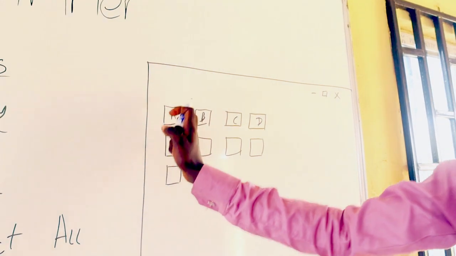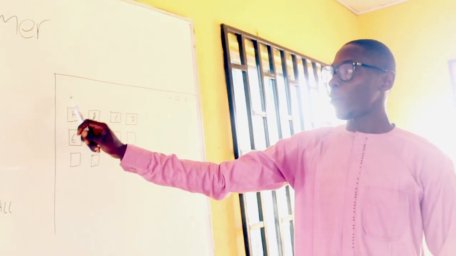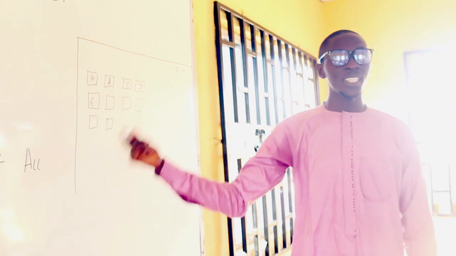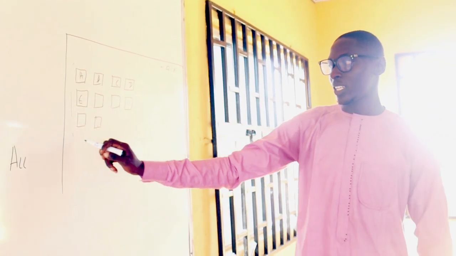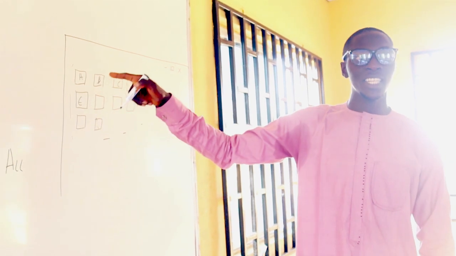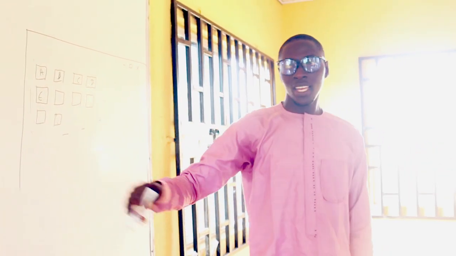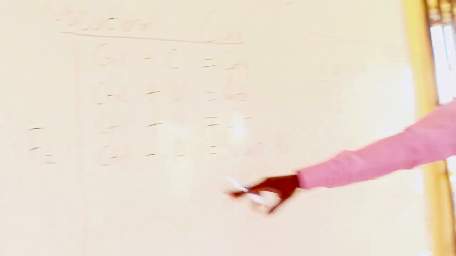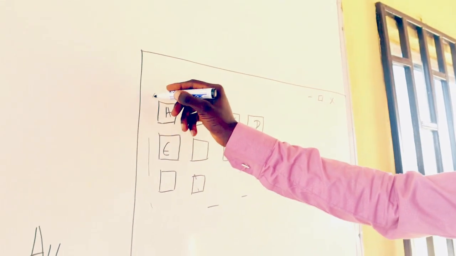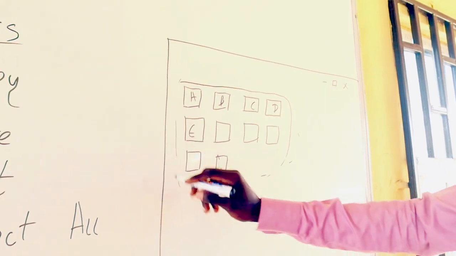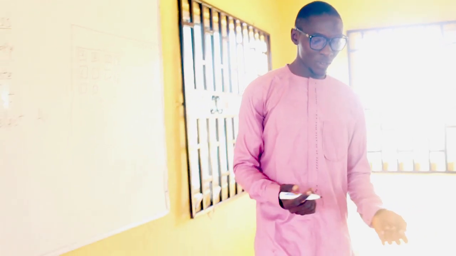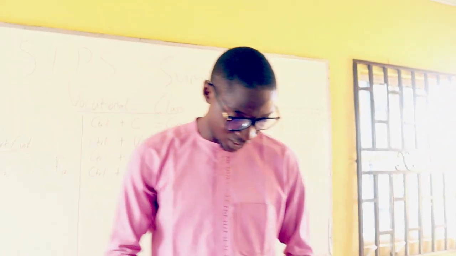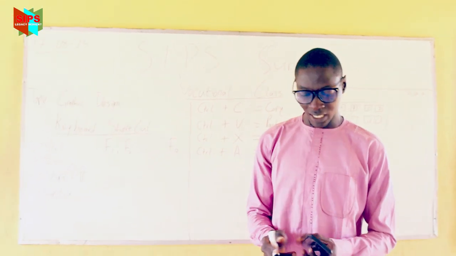If I want to copy or delete or paste all that are here, instead of clicking and selecting one after the other, I can just click only one and use this shortcut, which is Control A, to select everything. When we are doing our practical, you will see it will highlight all the images present in this folder. Then I can now copy, delete, or do whatsoever I wish with them, because all of them are selected.